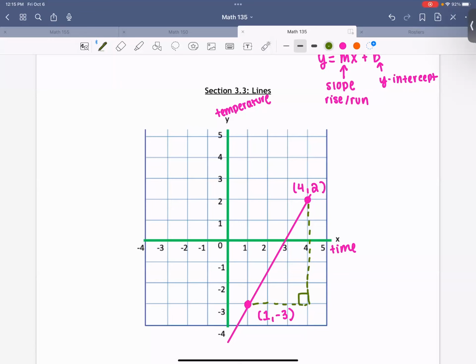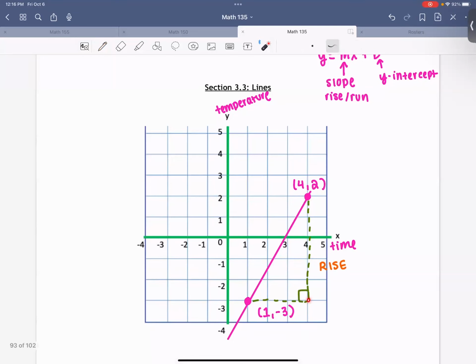Now, the rise represents how much I have to go upward to get from one point to the other. So let me write this out. We have the rise. And how would I find out how much I have to rise to get from the first point to the second? You can count, right? So let's just start here: 1, 2, 3, 4, 5. I guess the rise here is equal to 5.